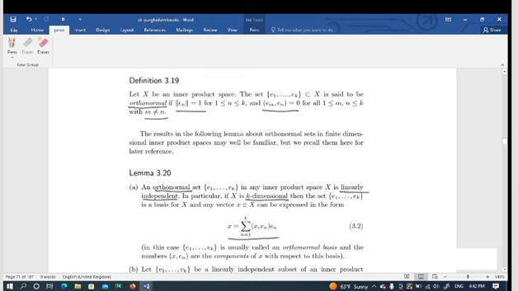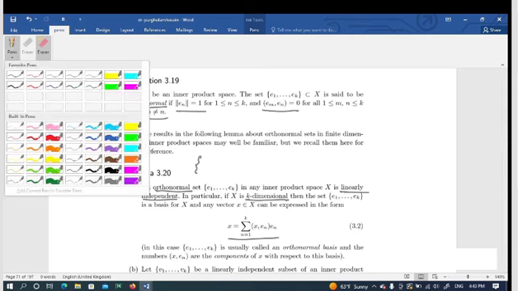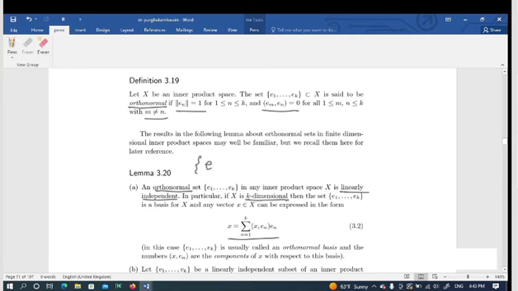Of course, if E1 to Ek is a basis, there are scalars lambda 1 and so on such that x is written in terms of E1 to Ek as a basis. Just a basis, not orthonormal, just a basis in any vector space.